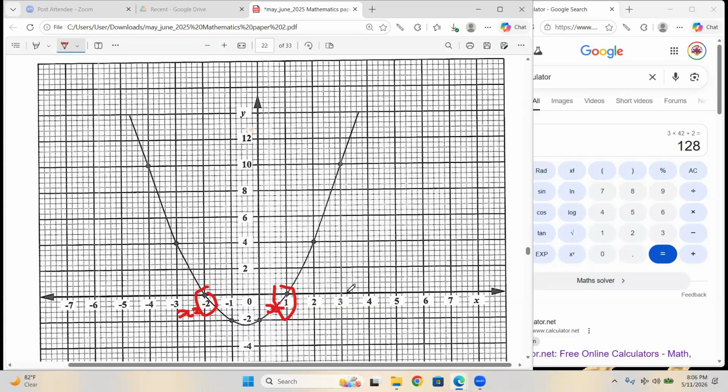They want the coordinates, but at least give me the number. Which number does that quadratic intersect or meet with the y-axis?